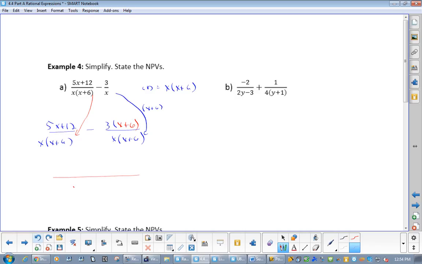Now, common denominator. So this is just 5x plus 12. Now, what would follow it? 3x, and that's what a lot of people do. That's a negative 3. So that's a very, very common mistake.